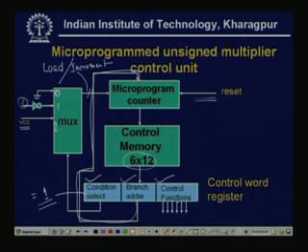and the control function field contains the control signals. So, here how many control signals are there? We have seen that control signals, say we are defining C0, C1, C2 up to C6.